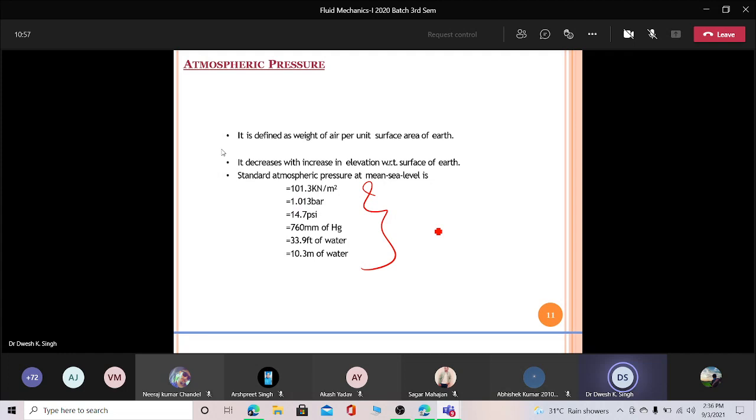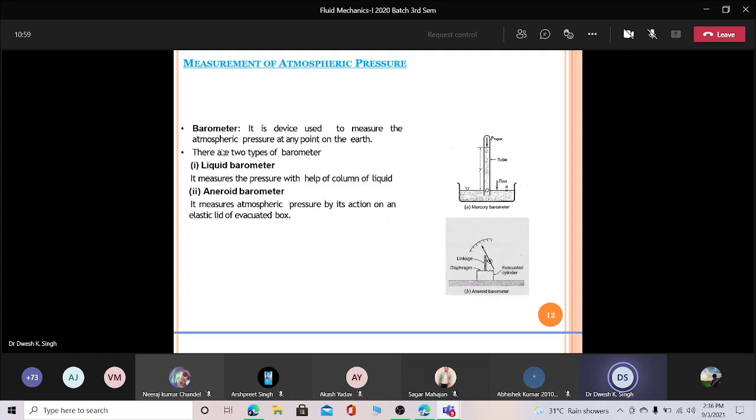this fluid statics. Now, the measurement of atmospheric pressure, meaning how the atmospheric pressure is measured. There are some instruments with the help of which we measure atmospheric pressure, like the barometer. A barometer is a device to measure the atmospheric pressure at any point on the earth. So this is a simple mercury barometer.